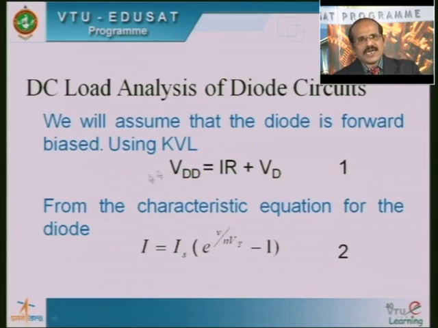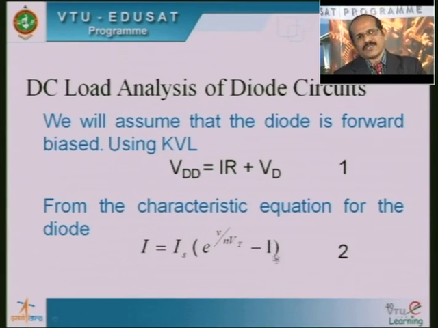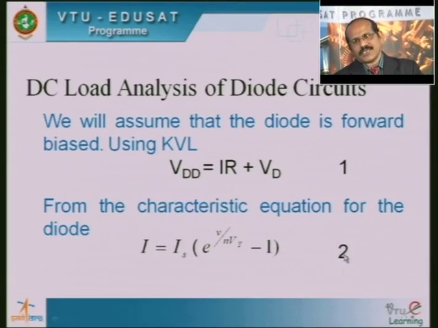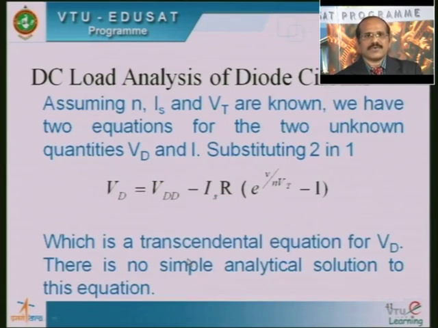You know that the characteristic equation of the diode is given by I equal to Is into e raised to V by n Vt, minus 1. This is equation 2, where Vt is the thermal voltage, n is usually either 1 or 2, and in general n is assumed to be 1, whereas Is is called the reverse saturation current.